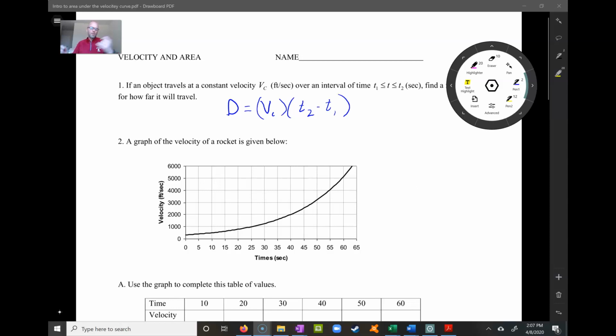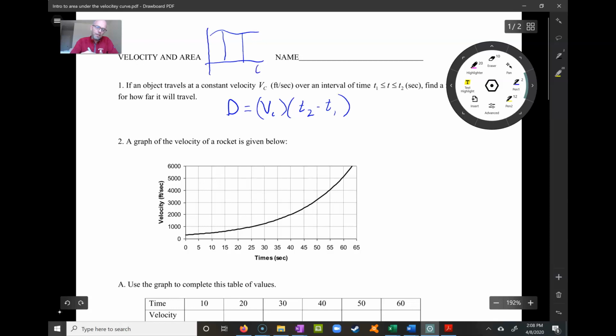So here is number 1. If we harken back to the last video where we talked about velocity, total distance is velocity times total time. So if we're looking at a velocity curve, with the time axis and the velocity axis, we know that if we turn this into a nice little rectangle, this distance right here would be t2 minus t1, and this would be the constant velocity.